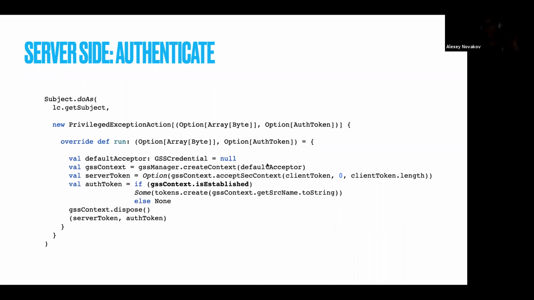So the client responds to us with some token. This token will be passed to the GSS context that we created before on startup. And if established context returns true, that means the token is valid, so we can trust this user and unlock the protected resources. Basically, we return the auth token, create a cookie, and then we trust this user based on the cookie and based on the session.